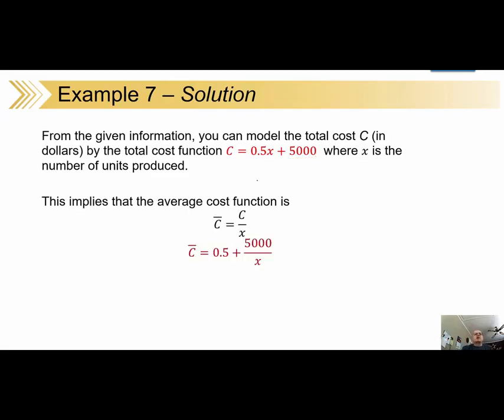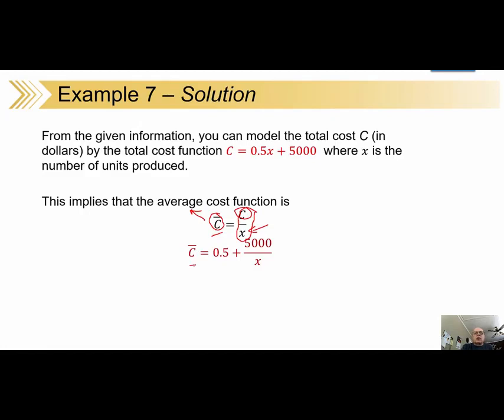So here's our average cost function. I mentioned that earlier. Remember, this is the average cost function. That's the total cost function. The total cost divided by the demand, or the number of units, gives you the average cost function.